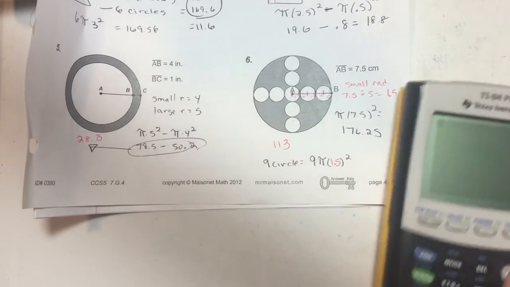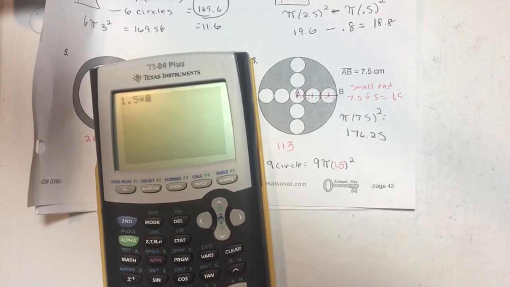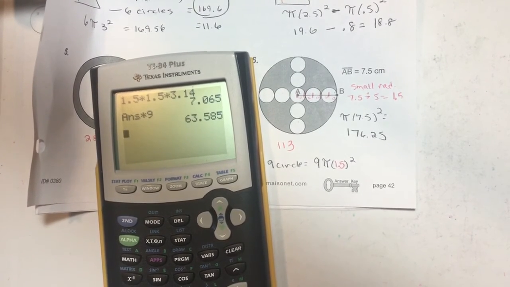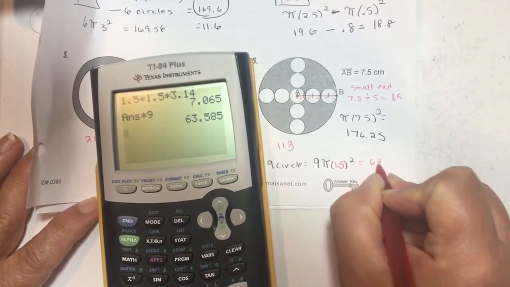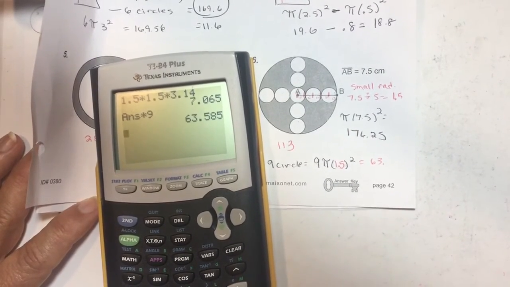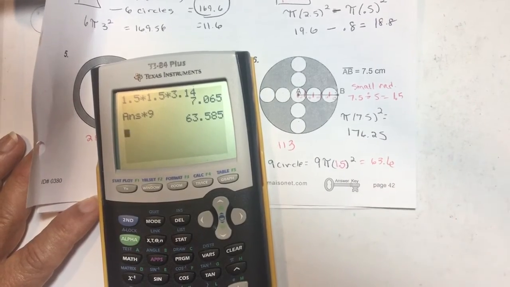Okay. Well, 1.5 times 1.5 times pi means each little circle is 7.065. But there's 9 of them. Okay, so the 9 circles is 63.585. I'll do 63.6.